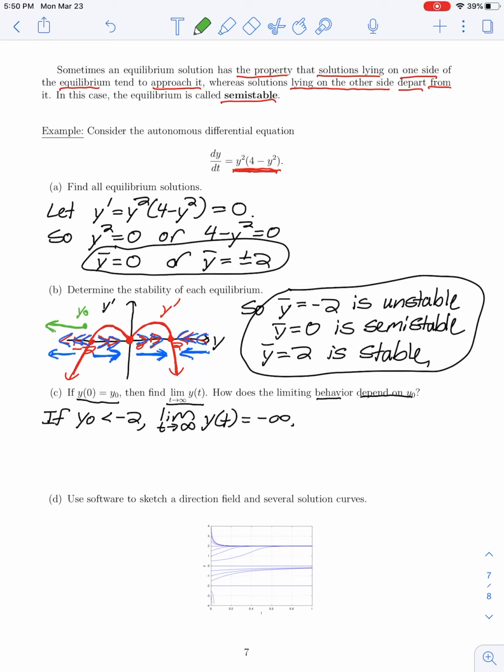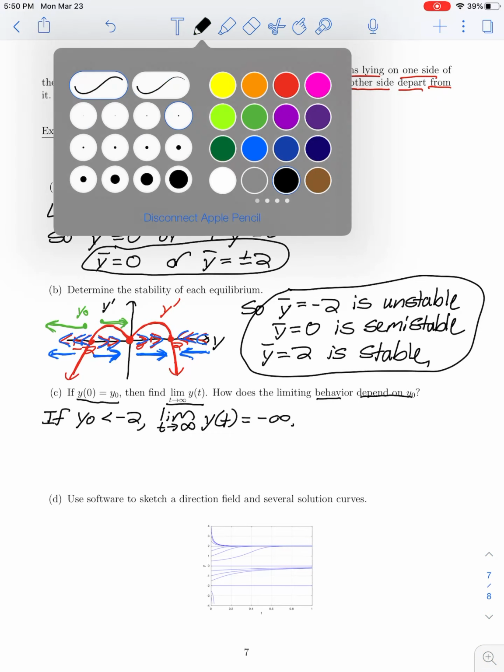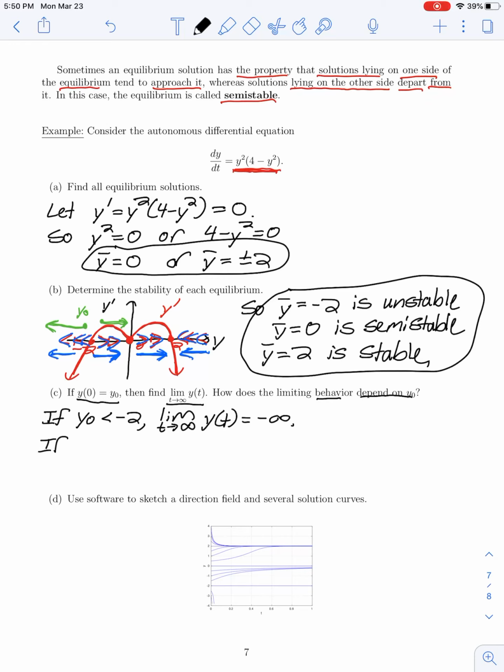Now, if I choose a value of y naught, let's say between -2 and 0, I would be moving towards 0, which is an equilibrium solution. So we could say if y naught lies between -2 and 0, including 0 itself, then as t becomes large, y of t would be closing in on 0.